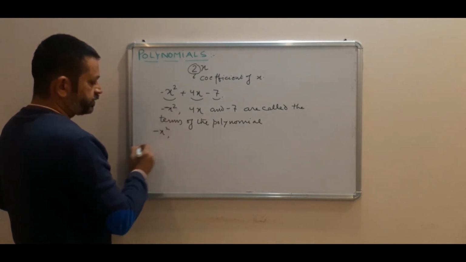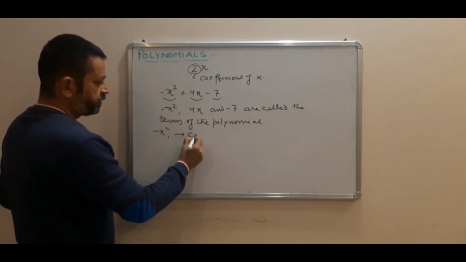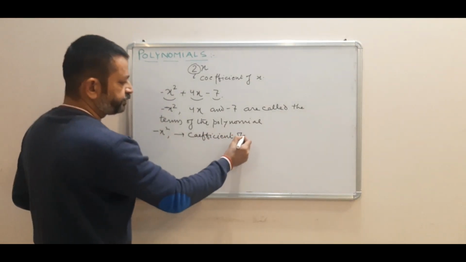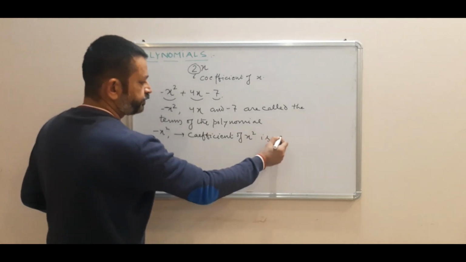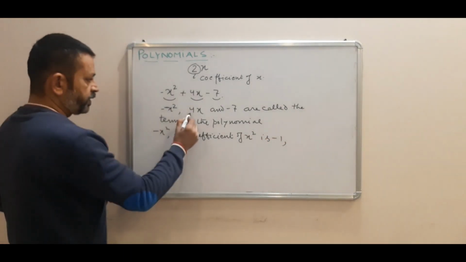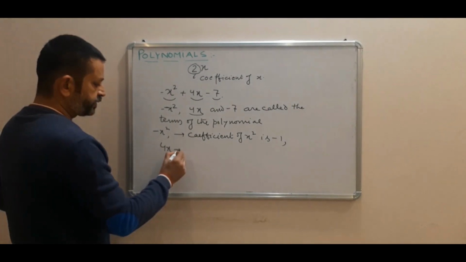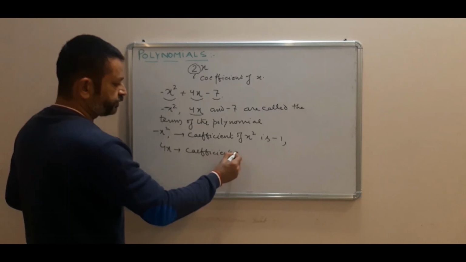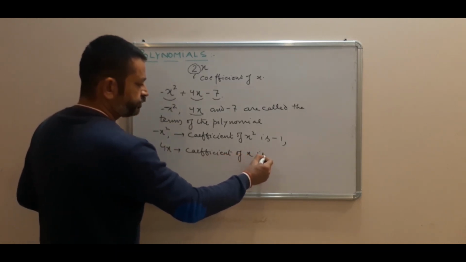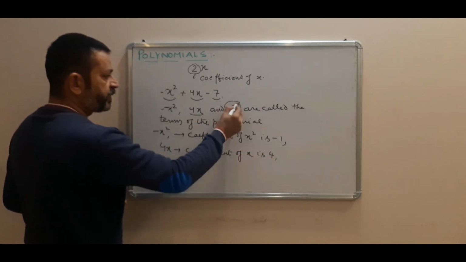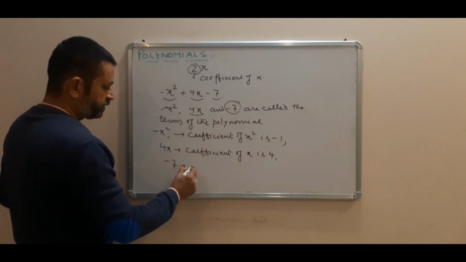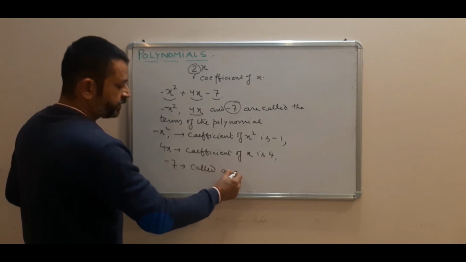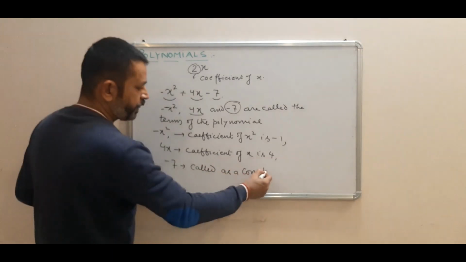In this minus x square, the coefficient of x square is minus 1. In this term 4x, the coefficient of x is 4. And this term minus 7 is called a constant polynomial.